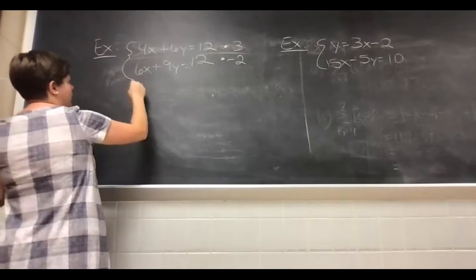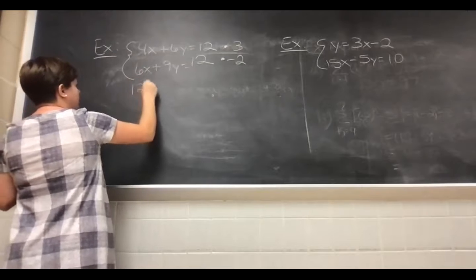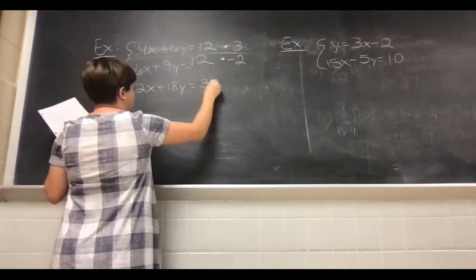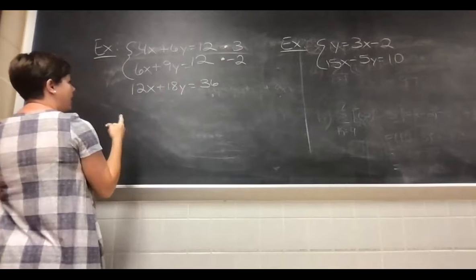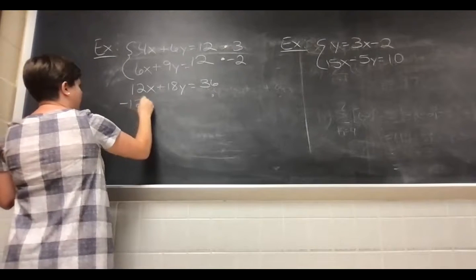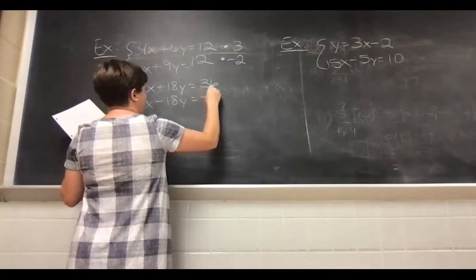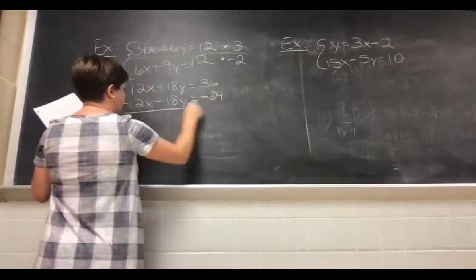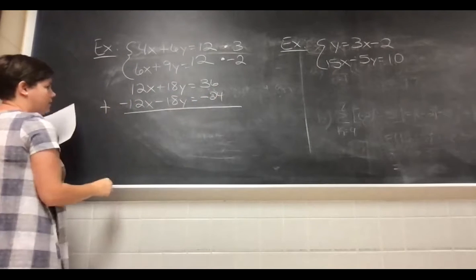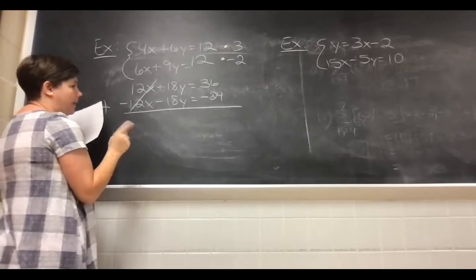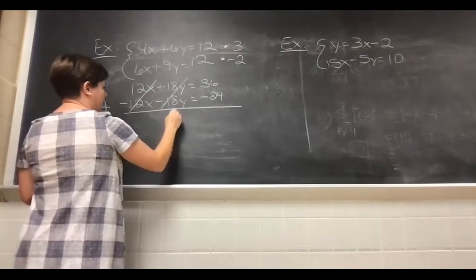So I have 4x times 3. That'll be 12x plus 18y equals 36. Now on bottom, I have a minus 12x minus 18y equals minus 24. Draw my line. I'm going to add them together. 12x minus 12x, 18y minus 18y. Uh-oh, everything goes away.